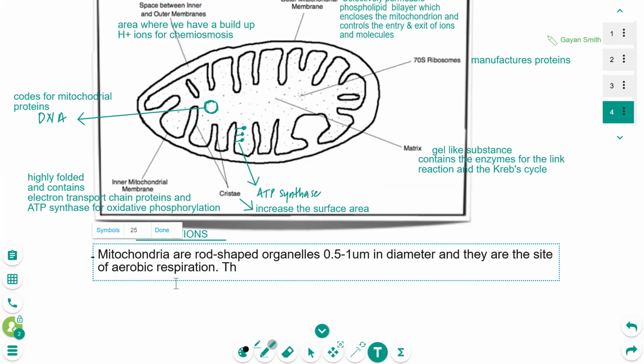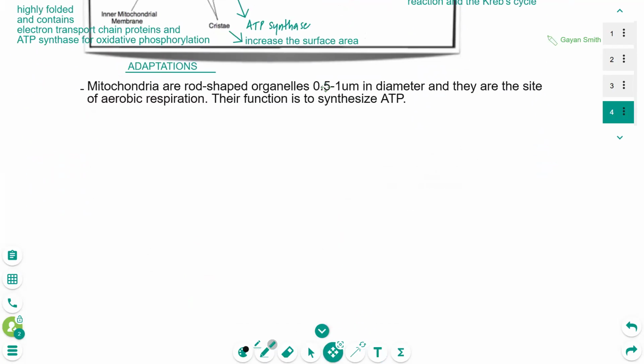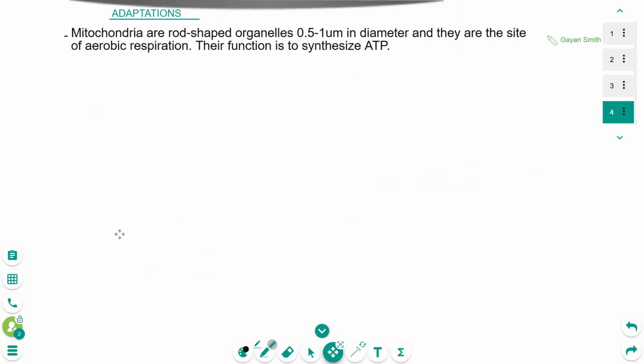So their function is to synthesize ATP. That's the overall function of the mitochondria. And then we're just going to see now how it is suitable for its function.